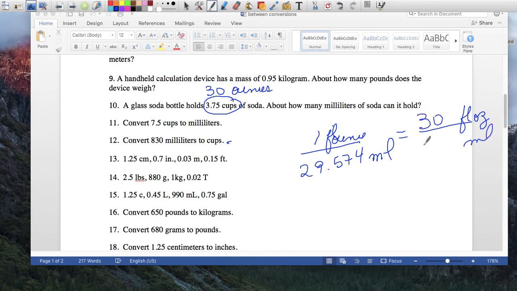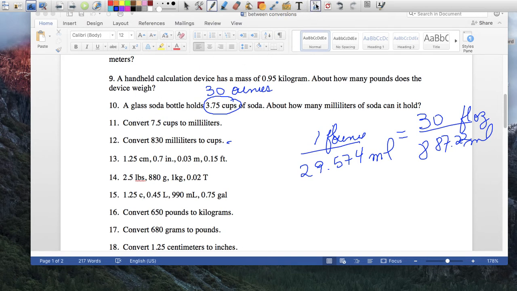What happens when I have 30 fluid ounces? So it's going to be times 30, top and bottom. 30 times 29.574 is going to give us 887.22 milliliters. Okay.